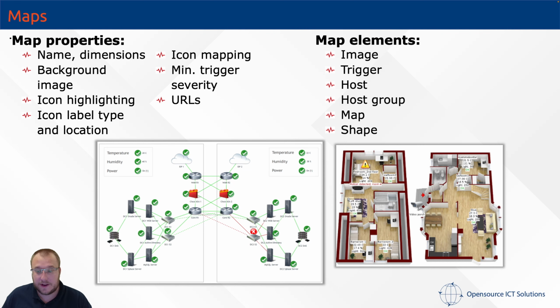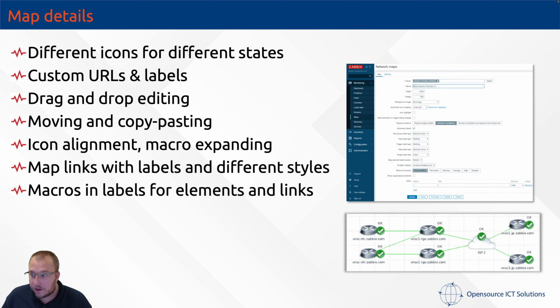So extremely flexible setup. This is how the configuration looks like. So we do set a name and a width, etc., etc. And then we go into that configuration where we can start building the actual elements. And this is really drag and drop. So we can just move it, we can copy paste stuff, we can add dynamic information, custom icons, etc.